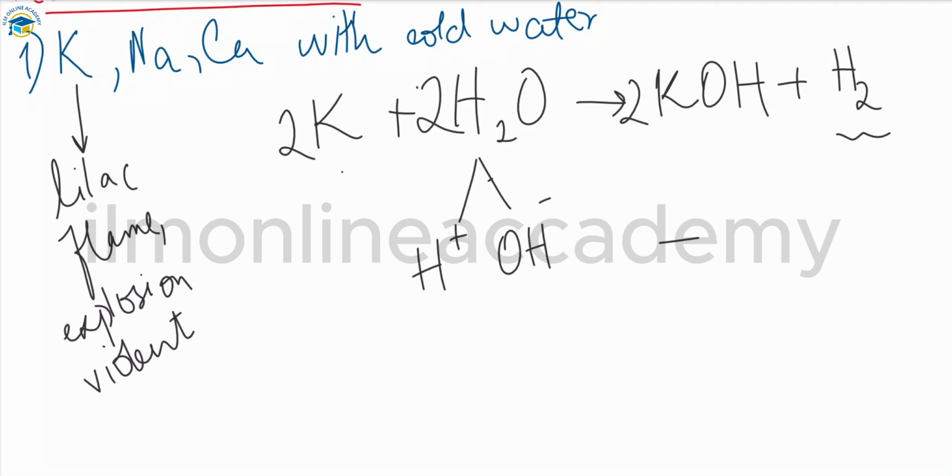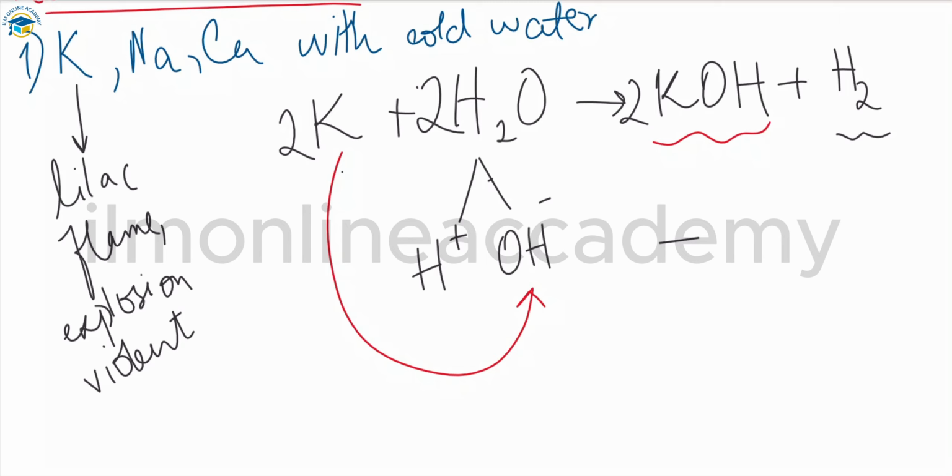Potassium is a cation, so it can easily replace the hydrogen in water, and it reacts with the hydroxide ions present in water. This forms potassium hydroxide, a metal hydroxide, plus hydrogen gas is released. So this is the equation for the reaction of potassium with cold water.